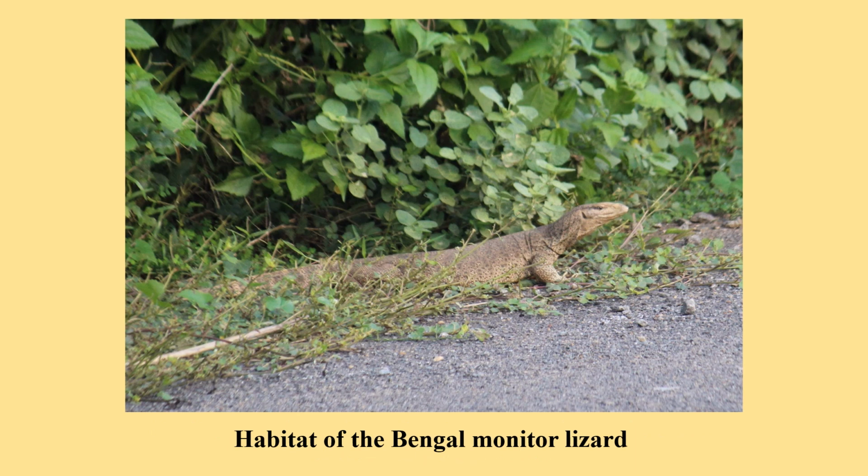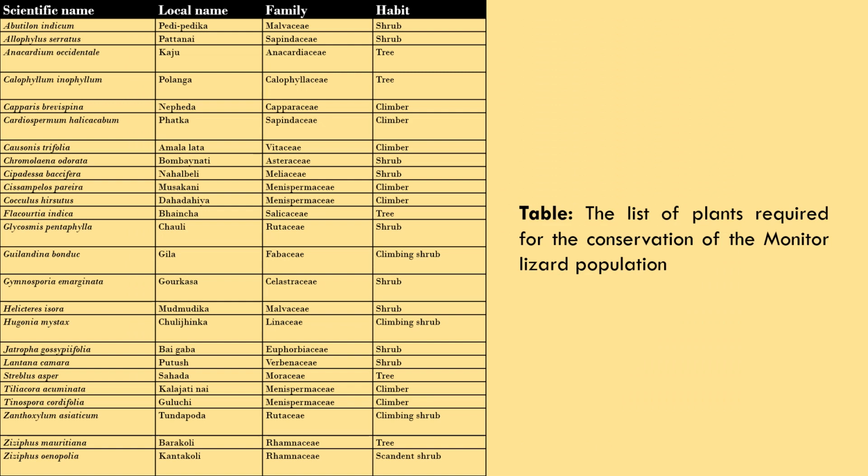This is the habitat of the Bengal monitor lizard. You can see that this is a bush. Shrubs are found here, climbers and all. These plants are all important for conservation of these Bengal monitors. Seeing the importance of the Bengal monitor lizard in our ecosystem, and to conserve them, we conducted surveys in Cuttack, Dhenkanal, and Sundargarh districts of Odisha during 2022 and 23 to sight and document the common Indian monitor lizard.